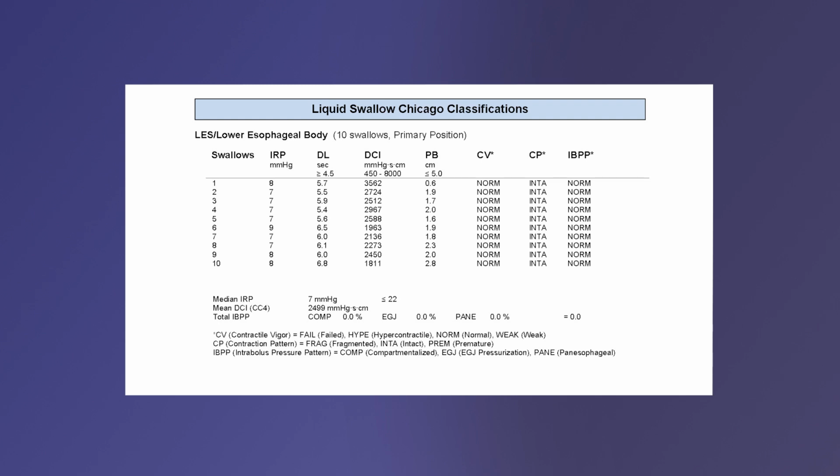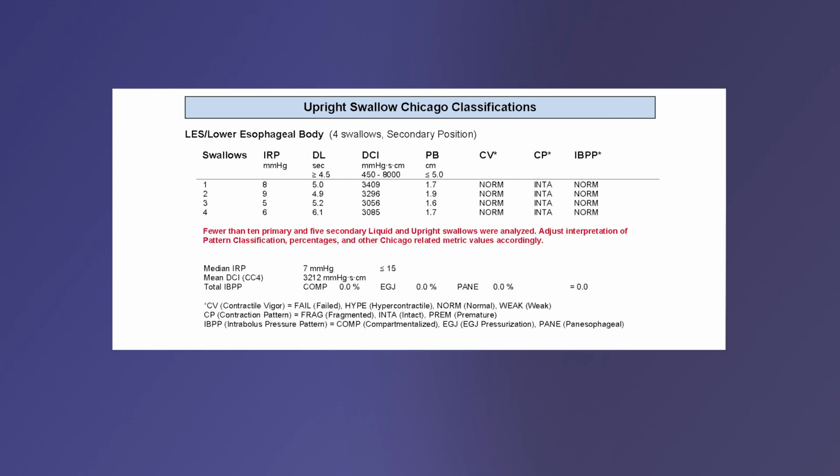So in this case, there were enough liquid swallows acquired, but not enough upright swallows acquired per the recommendation of Chicago 4. The notification is there so that interpretation might be adjusted appropriately. This concludes the analysis of Chicago 4 swallow types using ZView.